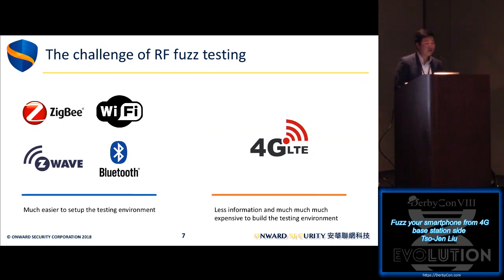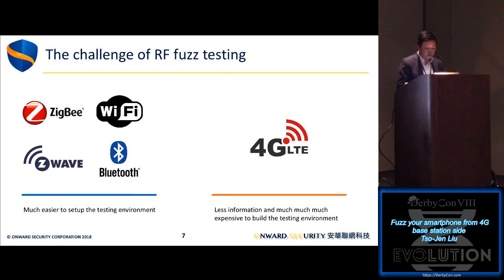But for the cellular network, it is the hardest to build a testing environment, because for ZigBee, Bluetooth, and Wi-Fi, it is very cheap to build a testing environment. But if you would like to build a cellular testing environment like 2G, 3G, or 4G, you have to spend a lot of money to buy equipment to simulate the LTE signal.